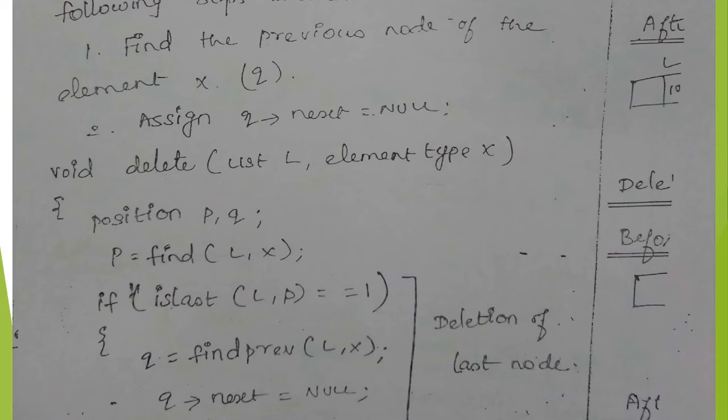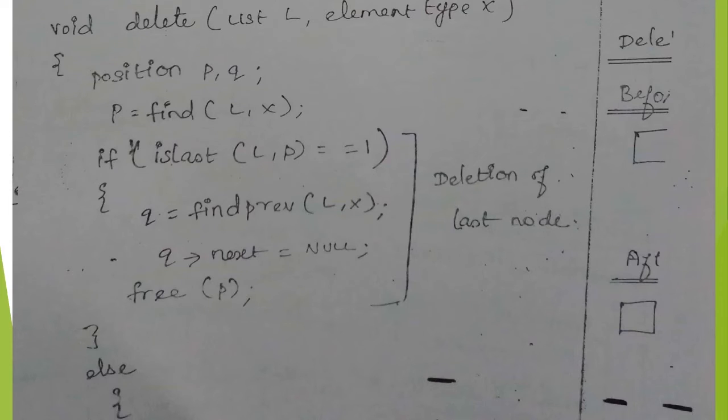The routine delete-of has two arguments, list L and element type X. The node which contains element X is the node to be deleted. In the routine delete-of, the node to be deleted will be found by calling the routine find-of, and the result will be stored as P. If it is the last node, then call the find-previous-of routine and the result will be stored as Q. Q's next will be set as null.